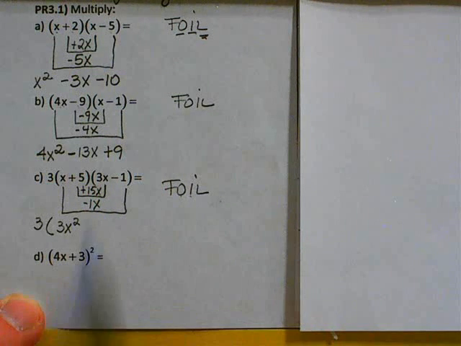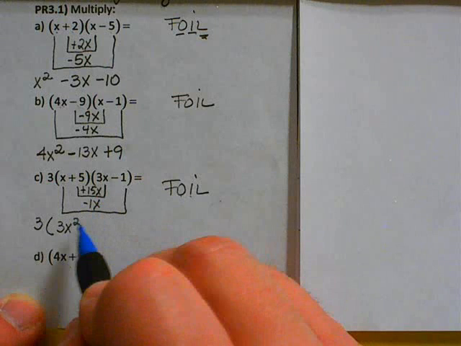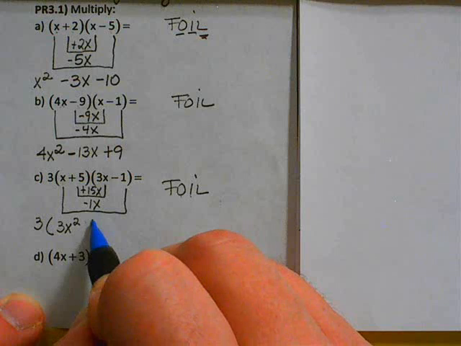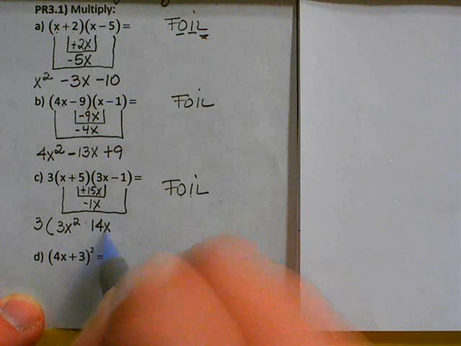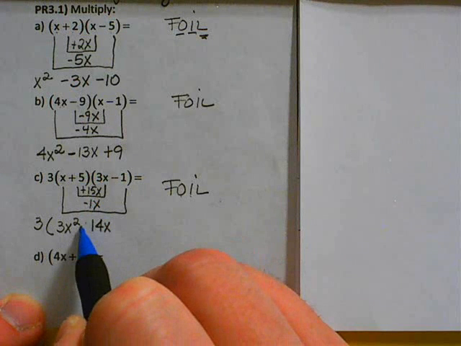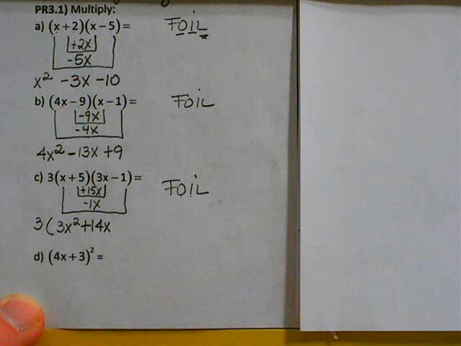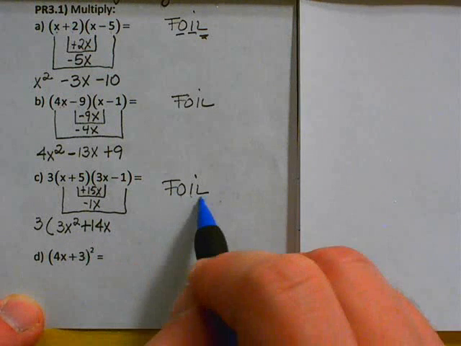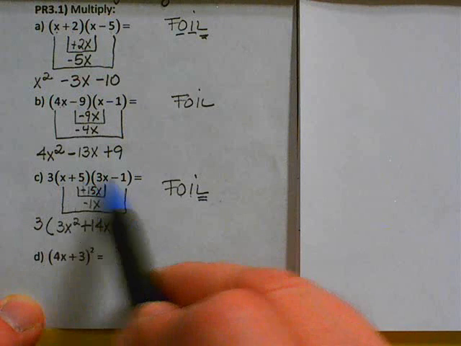Once I have these two numbers, combine them. Signs are different, so you subtract, so you're going to get 14. And because 15 is bigger than 1, this will be a positive, because you use the sign of the biggest digit. And then L, 5 times negative 1 is negative 5.